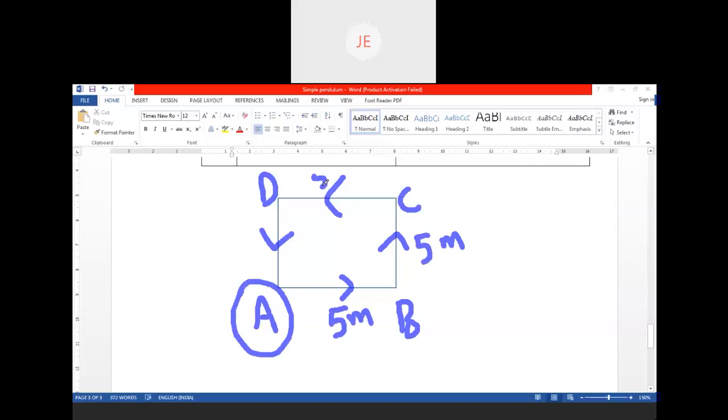So if you try to calculate the distance, what will be the distance? Can anyone please? 20 meter.